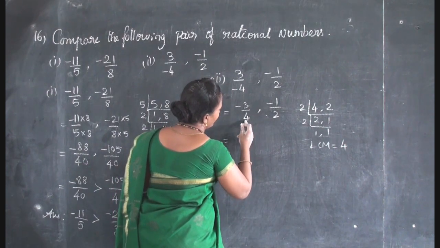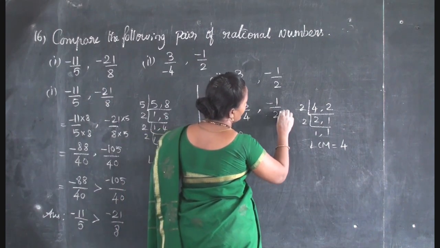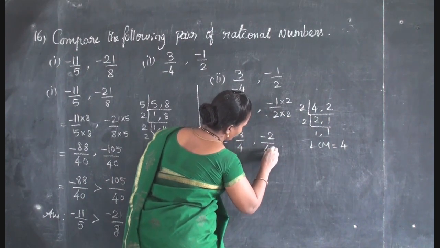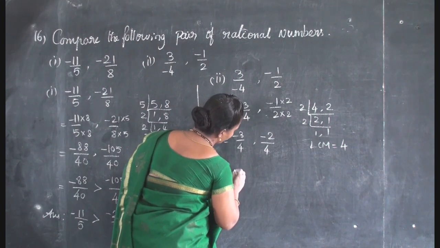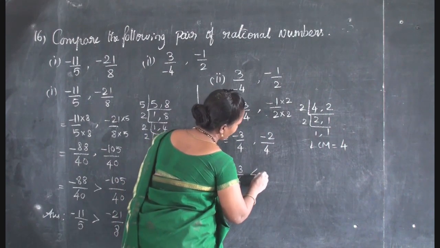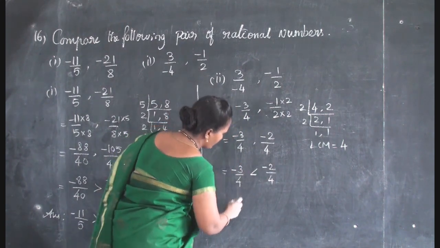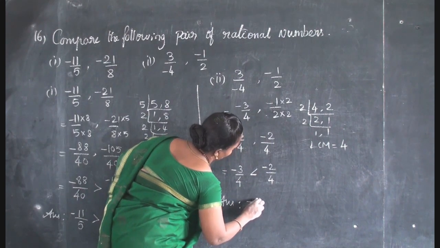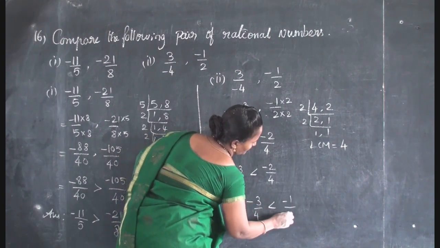Here 4 is already there, so no change. And here multiply by 2, we get 4. So minus 2 by 4. Now the denominators are equal. Compare the numerators. Minus 3 by 4 is less than minus 2 by 4. In negative sign, which one is highest? That is the smallest one. So the answer is minus 3 by 4 is less than minus 1 by 2.